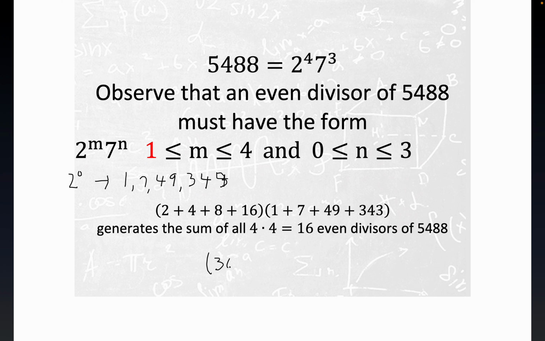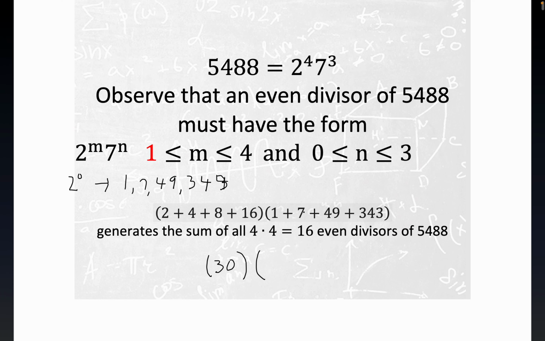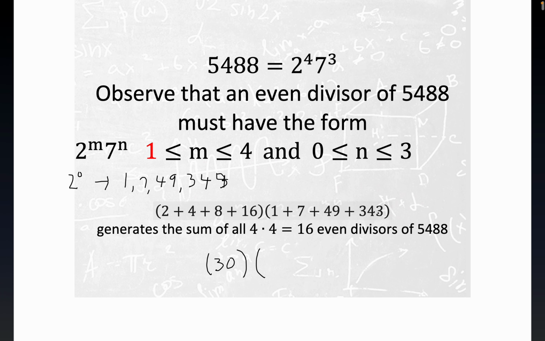Now we could add that up in our head if we felt like it. What do we get, folks? It's not too hard, is it? I was going to use the result for a finite geometric series, but anyway, 1 plus 7 is 8. 8 plus 49 is 57. And 57 plus 343 is 400.